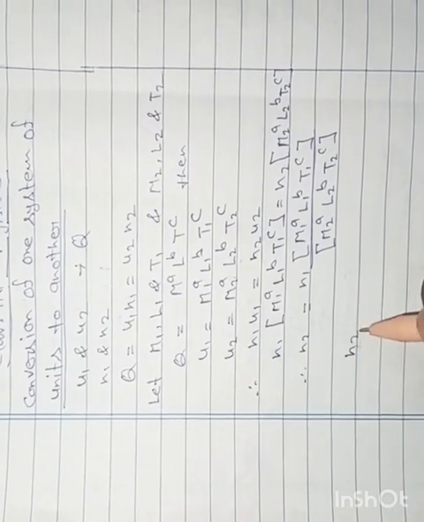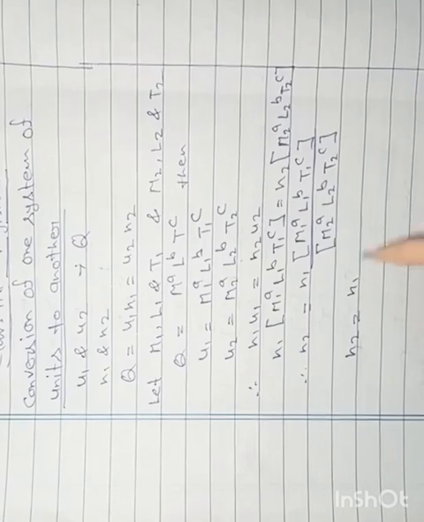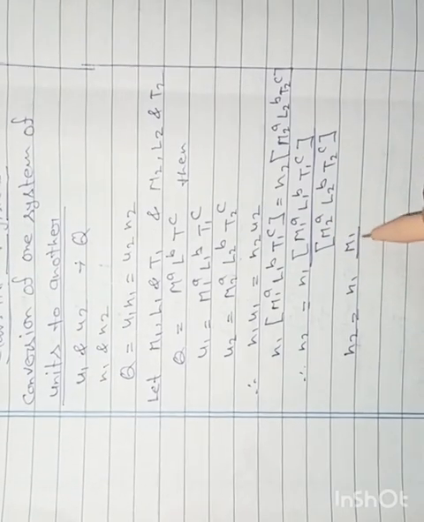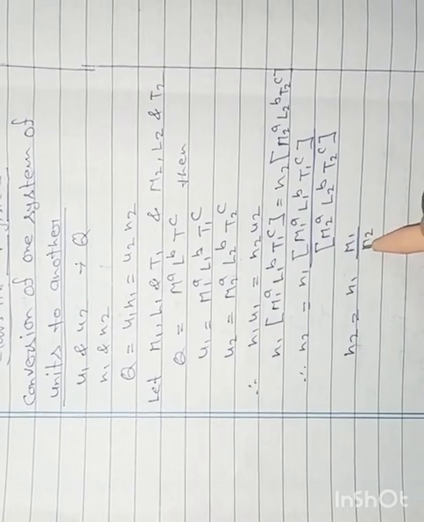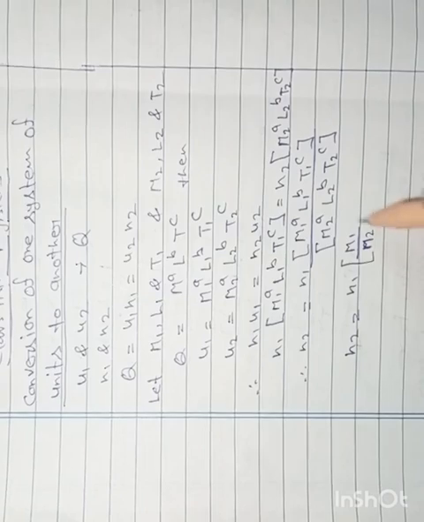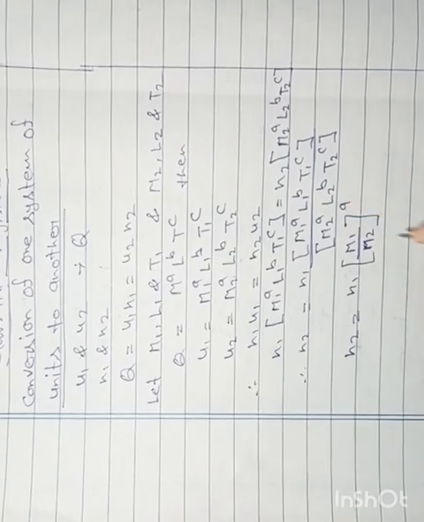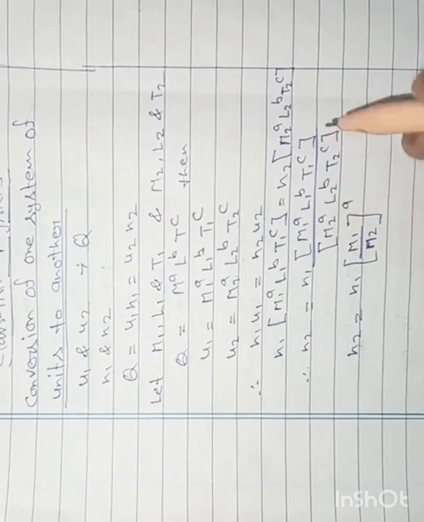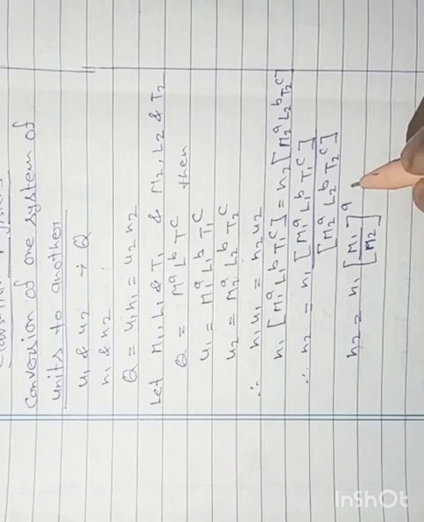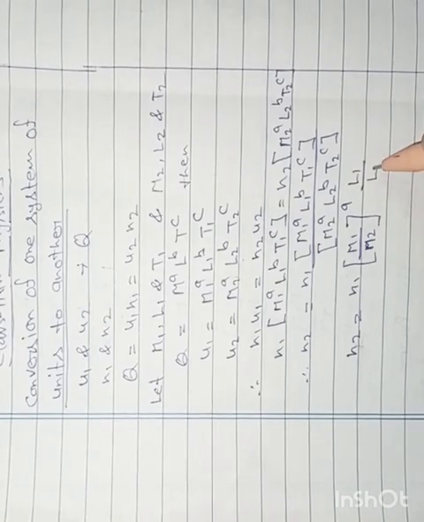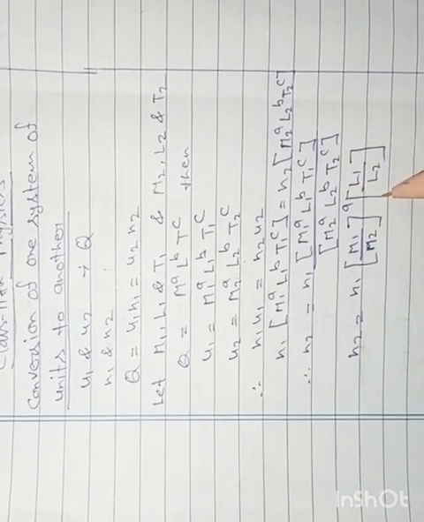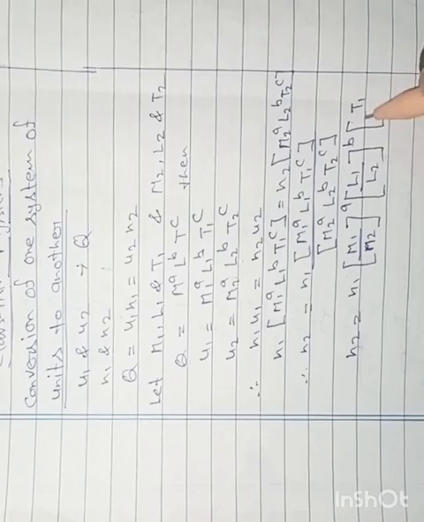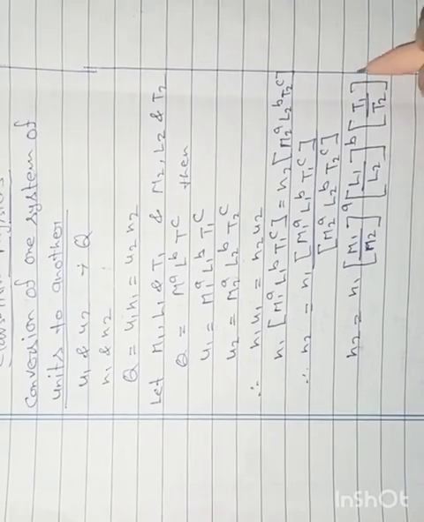Now again we can write n2 is equal to n1 into m1 upon m2 to the power a, because power is same, again l1 upon l2 to the power b and t1 upon t2 to the power c.